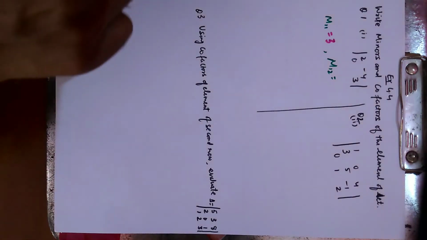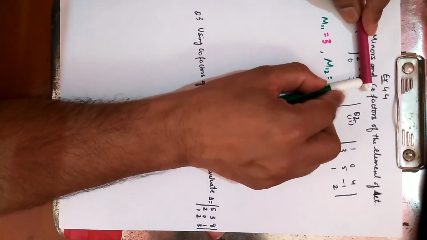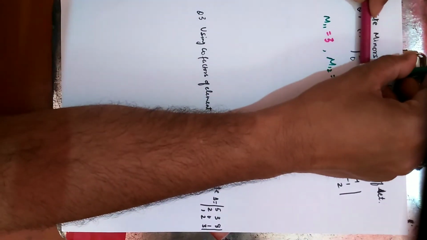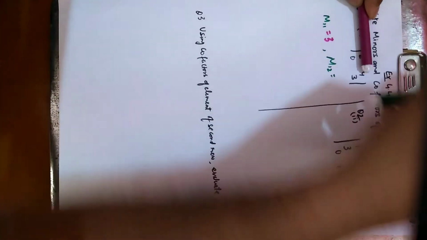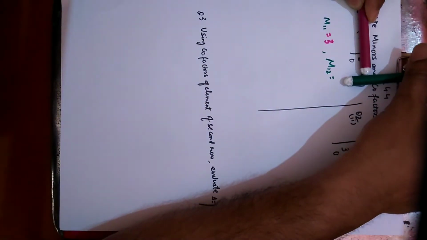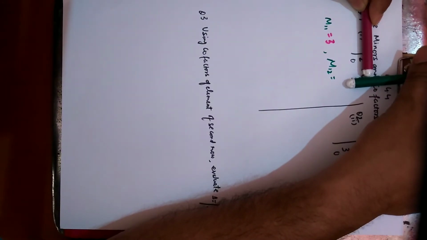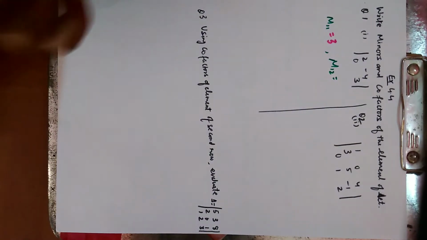Again you do like this: this row 1 and this column 2 you hide. So this 0 is visible now. So that M12 will be 0.